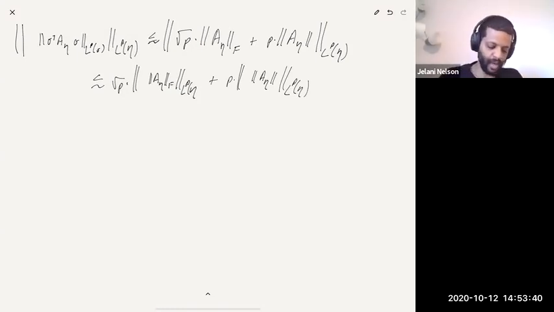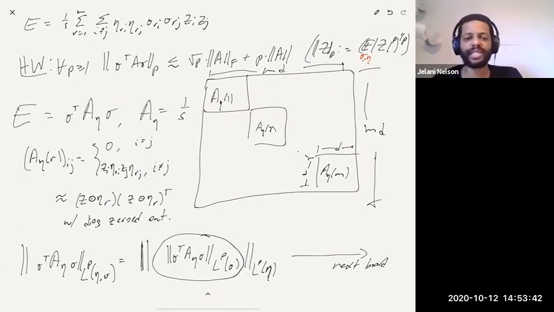So remember, if you have a block diagonal matrix, then the operator norm is the maximum operator norm of any block. So we just have to ask ourselves, what's the maximum operator norm of any block?